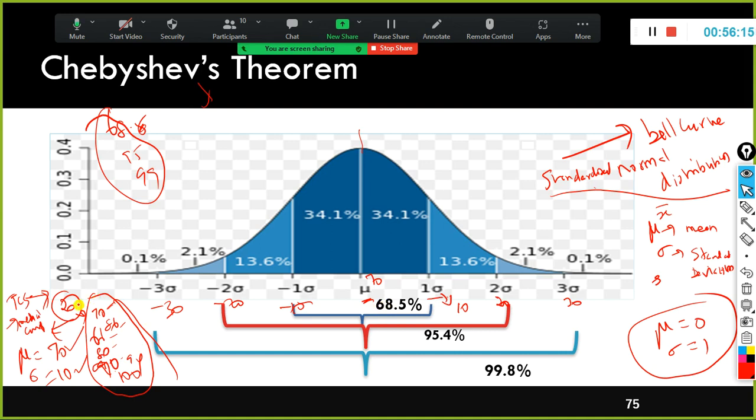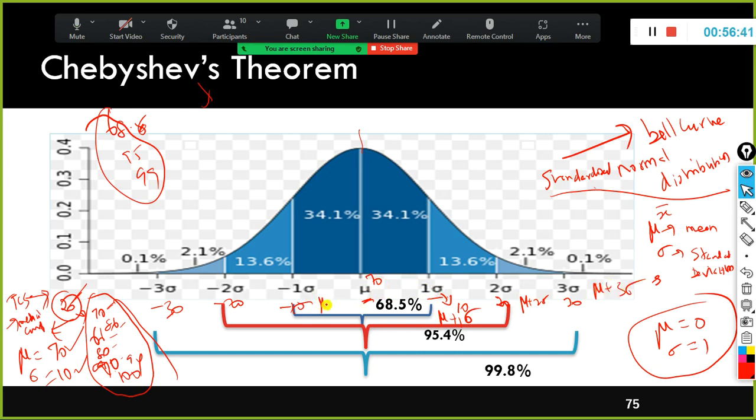68% of my team members' heart rate ranges between, here it is 70, and one sigma is mu plus 1 sigma. Then mu plus 2 sigma, mu plus 3 sigma.